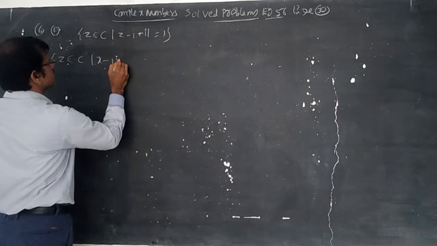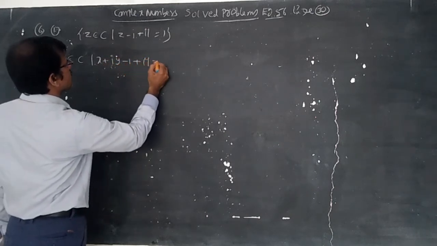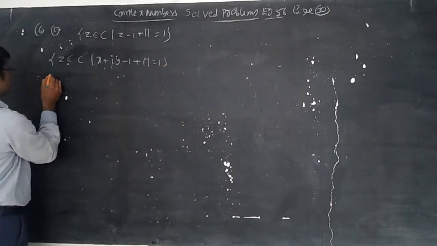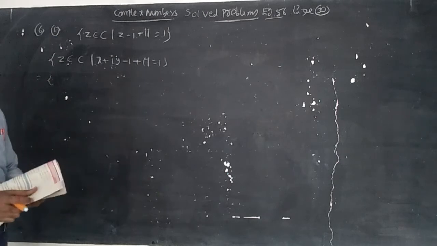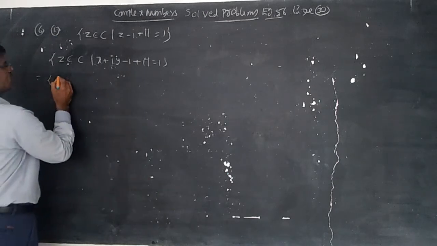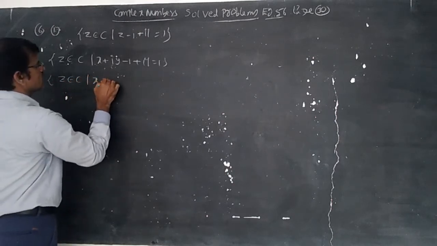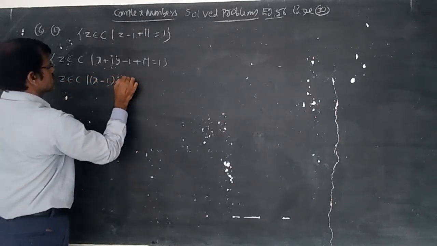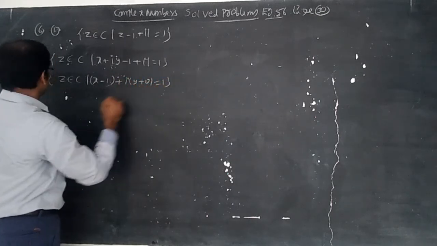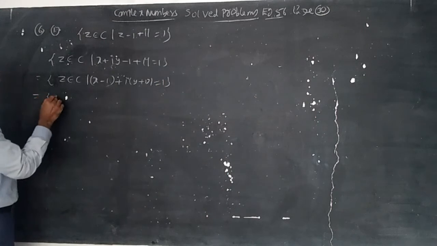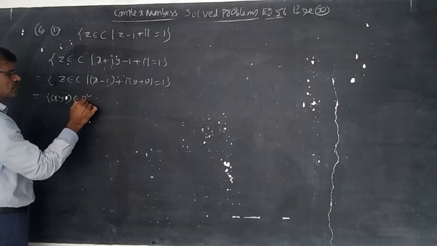Put z is equal to x plus iy. Then the set is z belongs to C such that modulus of (x minus 1) plus i(y plus 1) is equal to 1. Here x comma y belongs to R square.